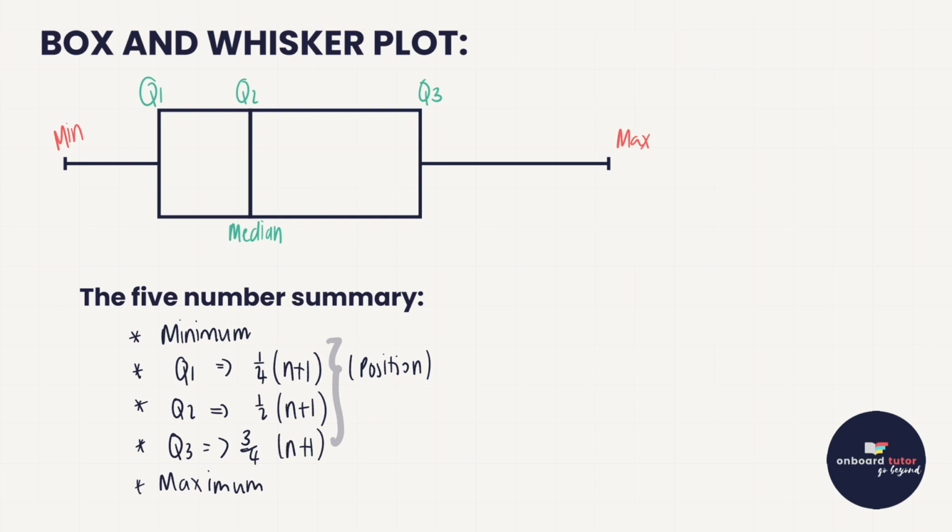Something worth noting, because they like to ask it in grade 10 and grade 11 and grade 12, is that regardless of what this looks like, it might seem like there is more data here than here, because this box is smaller than this.